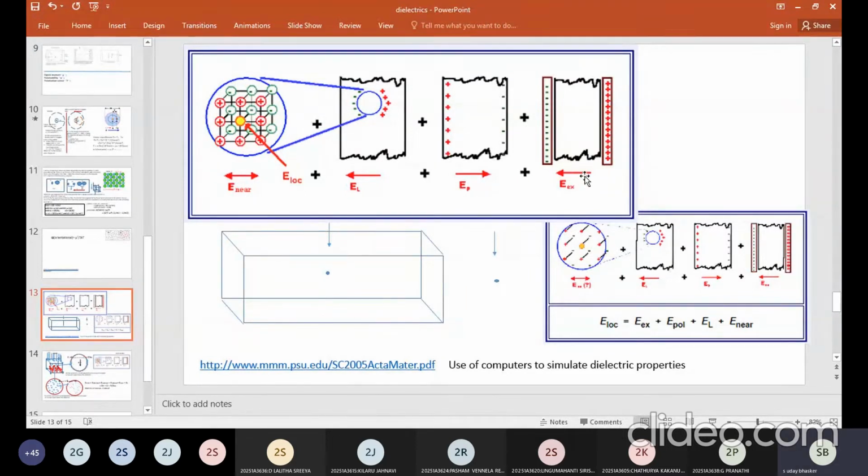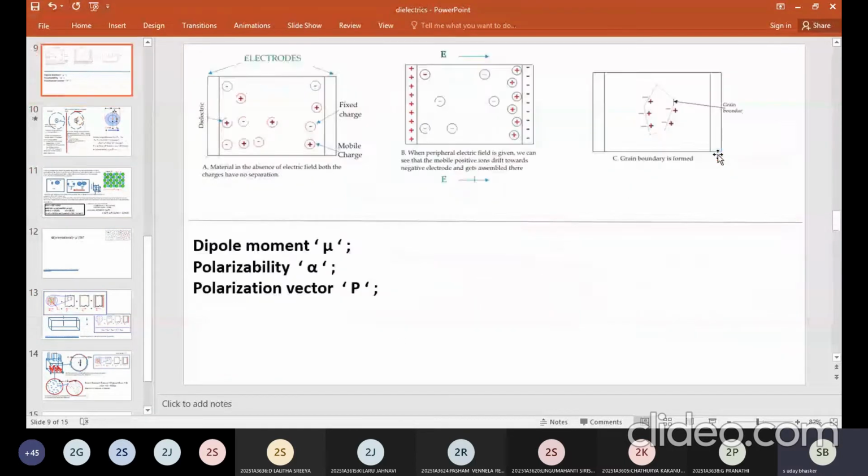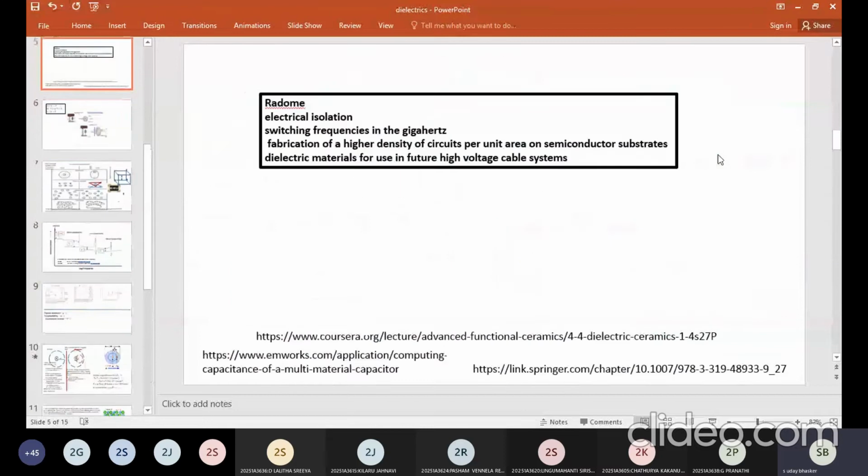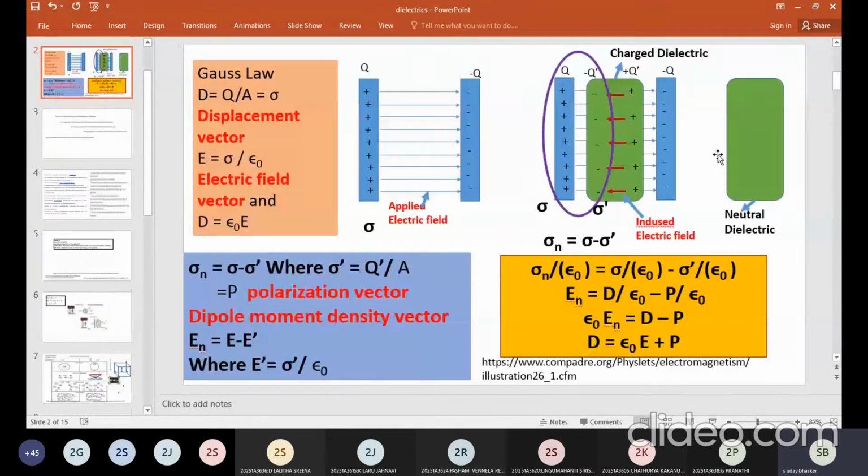You have already calculated that the net field inside the dielectric, E net, is the external field minus the induced field.